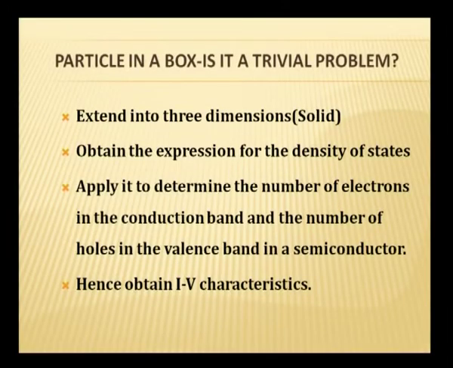In a semiconductor, the whole functioning of the cell phone that you have here, or the function of a solar cell, or of a computer with semiconductor chips, everything depends upon how electrons behave in solids.